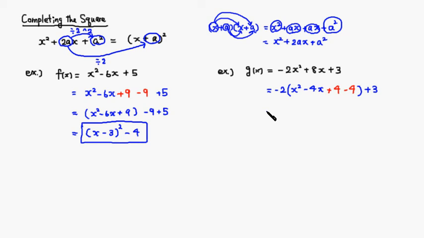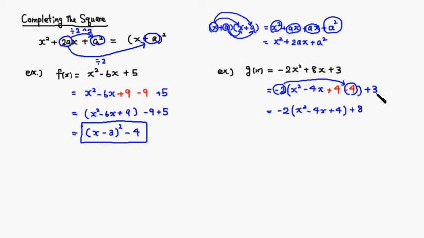You have the -2 still there, and I'm going to keep these three terms together: x squared minus 4x plus 4. Then there's an extra -4 here, so I'm going to bring it out by distributing -2 to -4. So -2 times -4 is +8.